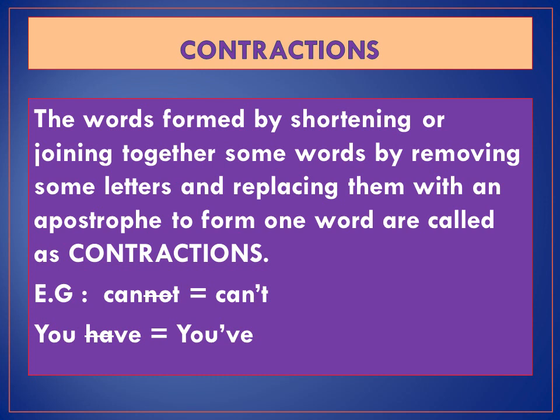Now H-A is struck off, and in place of H-A an apostrophe is placed. So it becomes Y-O-U apostrophe V-E, that is you've. Did you understand, children? So you have is the full form. You've is the contracted form. Same way, cannot is the full form. Can't is the contracted form. How is a contraction formed? By removing a few letters from a word and then adding an apostrophe in their place.